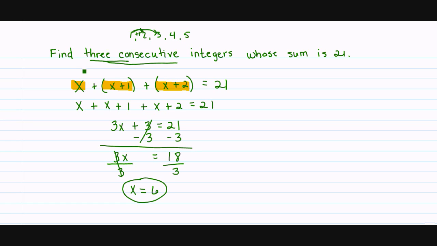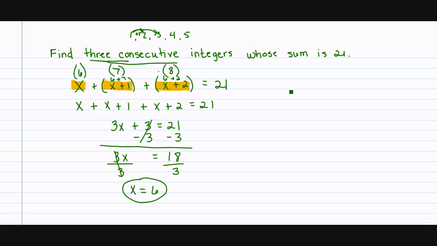So this is my first number, 6. And then 6 plus 1, my second number is 7. And 6 plus 2 is 8. So my 3 numbers right in a row are 6, 7, and 8.